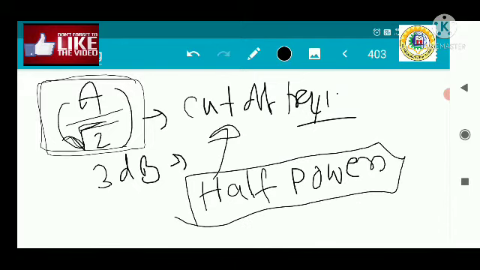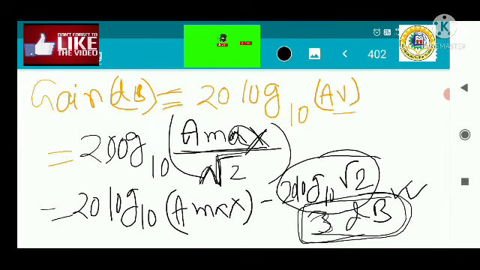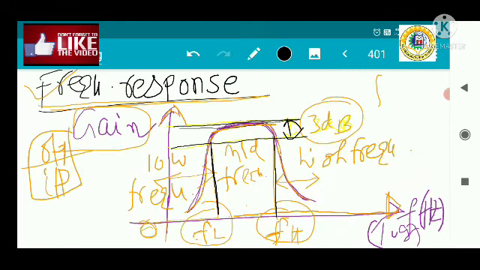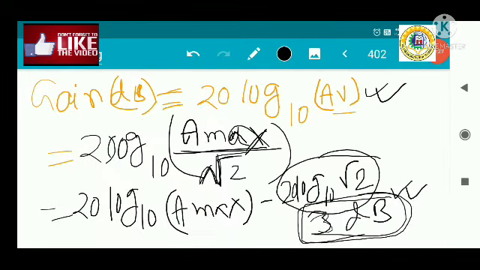So the half power frequency, 3 dB frequency, and cutoff frequency all three signify the same thing. Okay, so that is all about the frequency response, the representation of the gain like this, and the exact mathematical definition of the cutoff frequency.